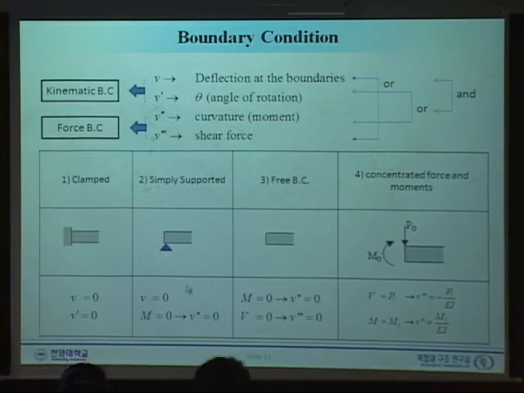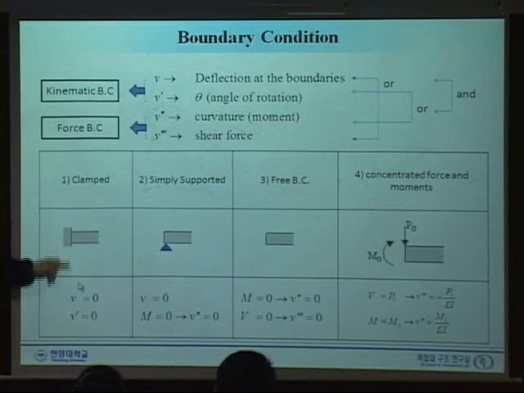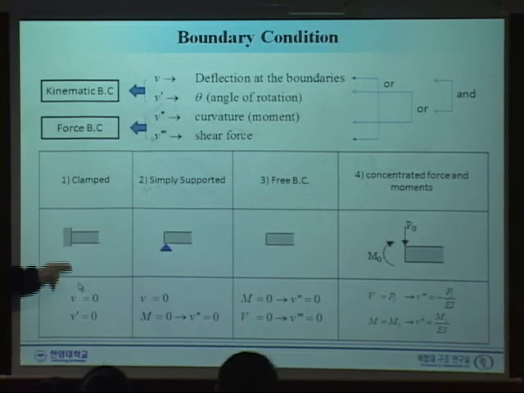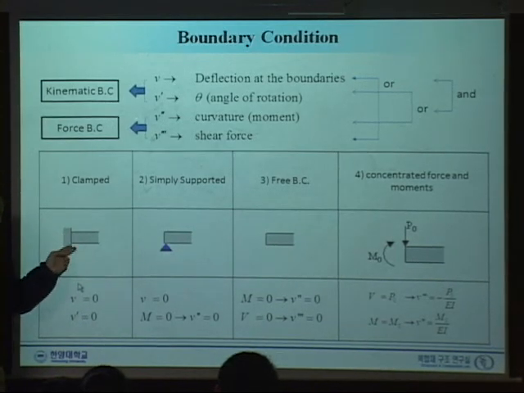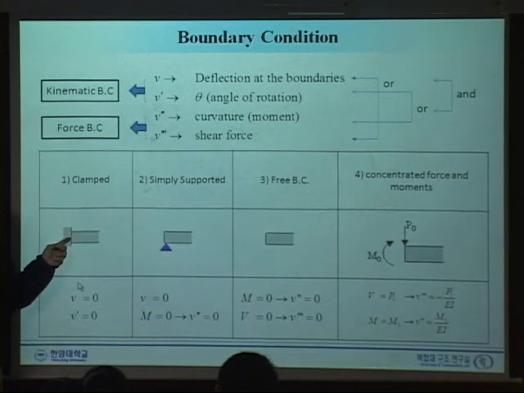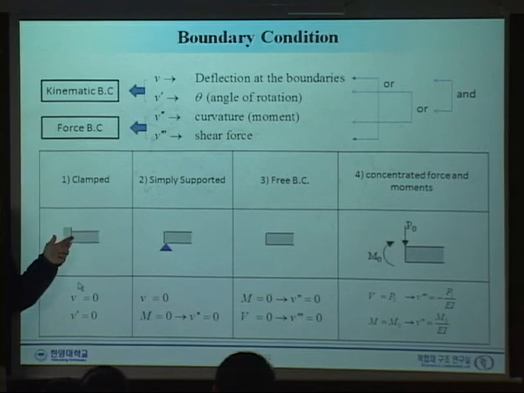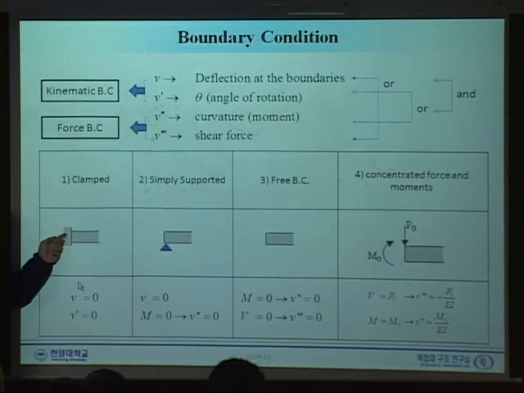You may ask, how about the v double prime here? Can we specify v double prime, the curvature, here? Simply not, because the moment is unknown. Moment is unknown, so curvature is unknown.